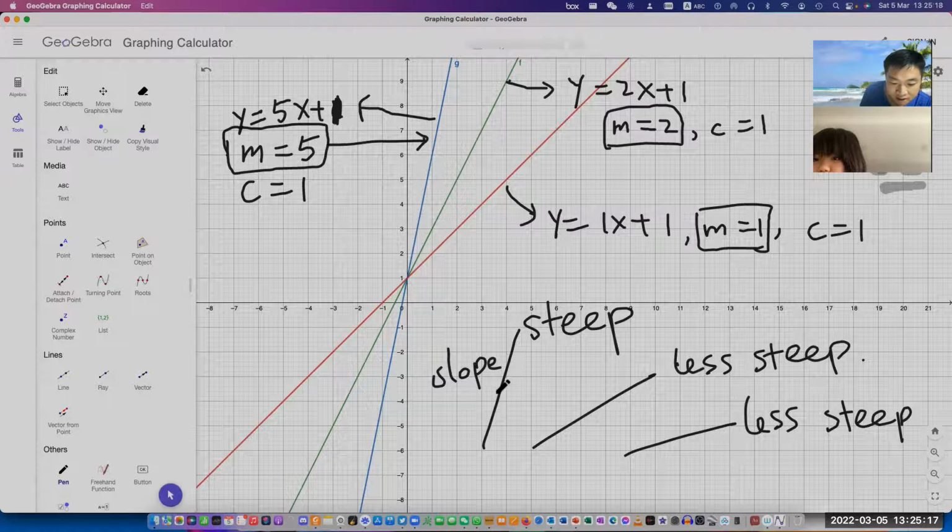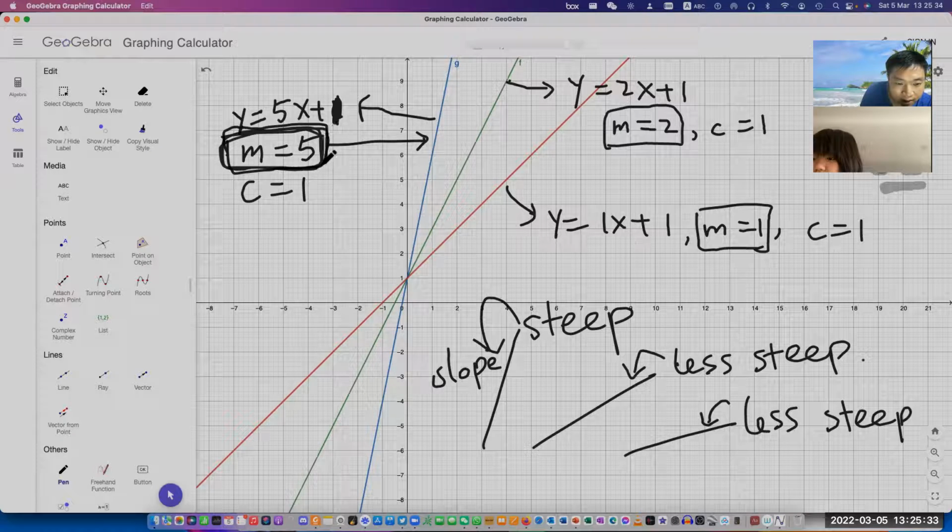So this is a very steep slope, and then this is a less steep slope, and then this is not so steep. Okay, so can you see that when you increase the m, you have a very steep slope? When you reduce the m, it's more gentle. The slope is more gentle, or not as steep.